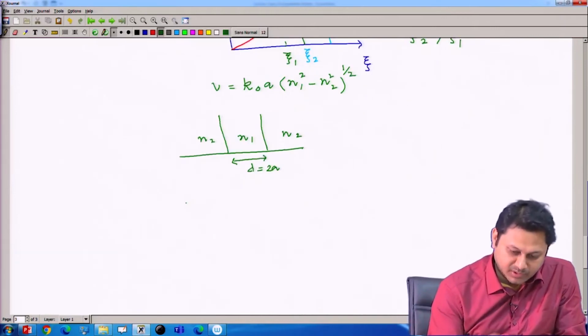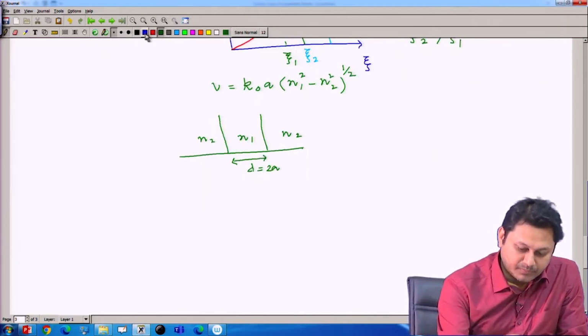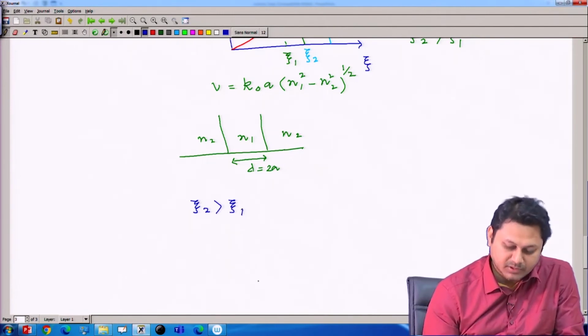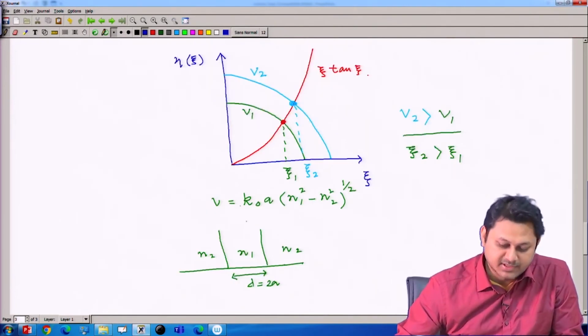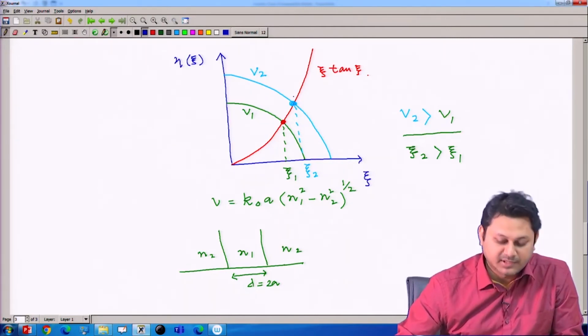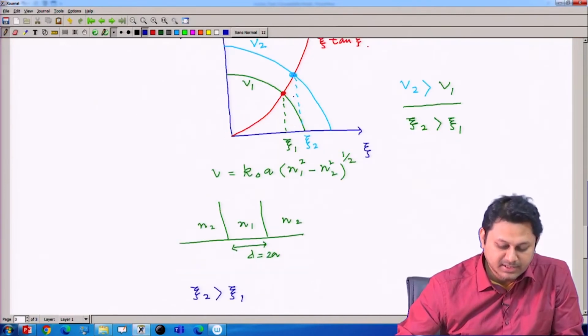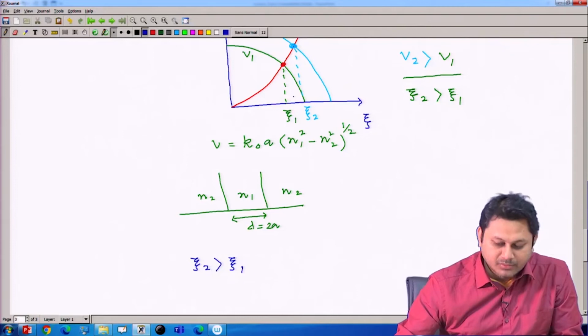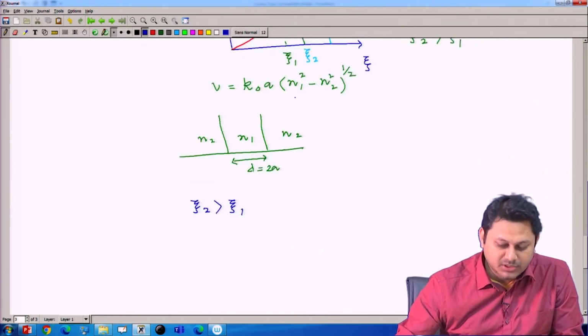So, let me write it once again. I have a condition where xi 2 is greater than xi 1. These two are solutions for two different values of V. In the first case it is V 1 and here it is V 2. So, I just increase the value of V, suppose by increasing the value of a. Then I should have two solutions such that xi 2 is greater than xi 1.